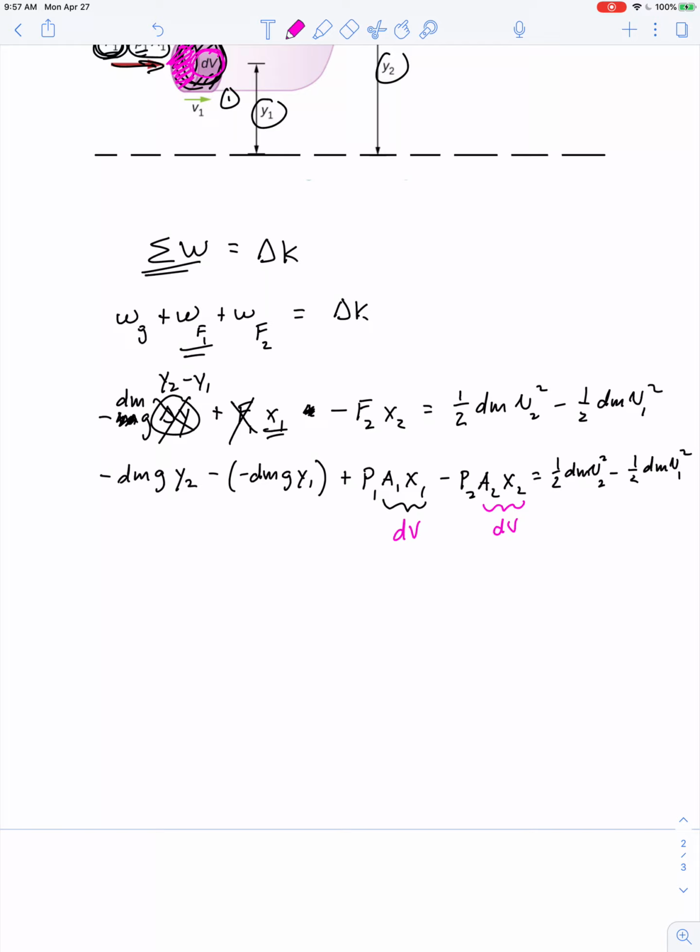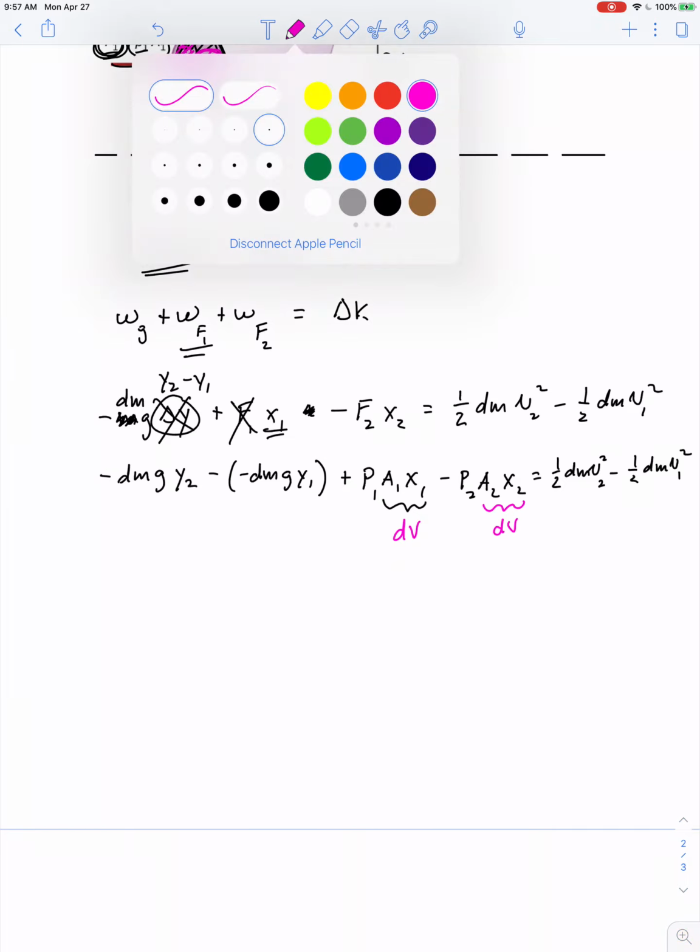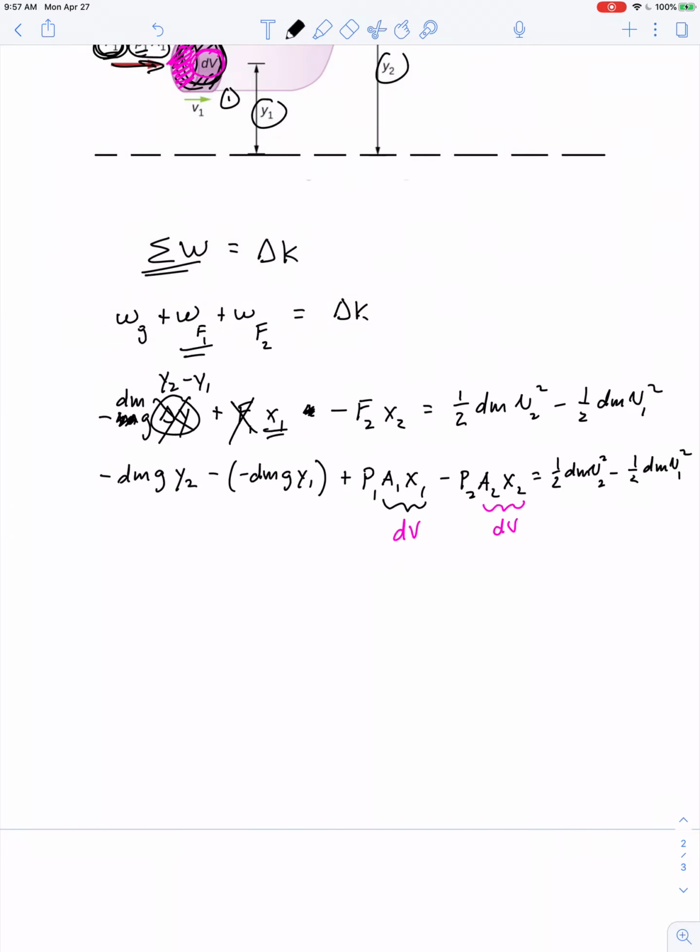So I'm actually going to divide both sides of the equation by dV to cancel that out. And what does that get us? This gets us negative dm over dV times g times y2.